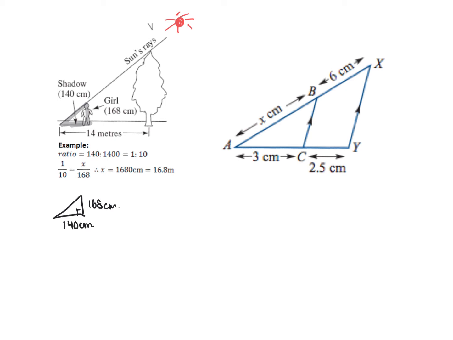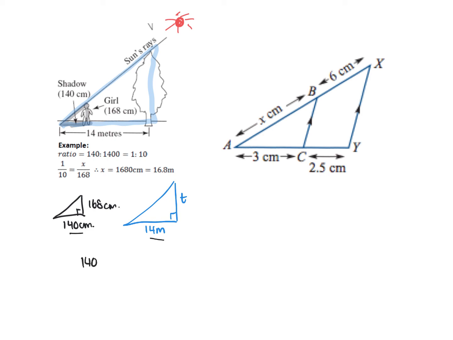This triangle is similar to the triangle with the tree. So we've got this bigger one, and this is 14 meters, and then we've got the tree, which I think they asked you to find the tree height here. We've got both corresponding sides.